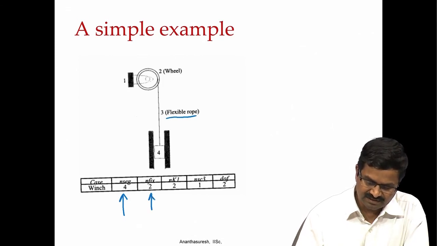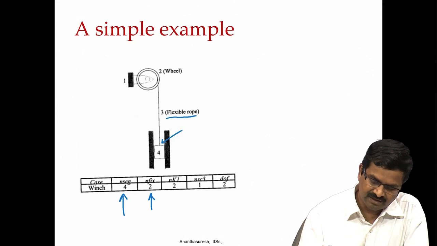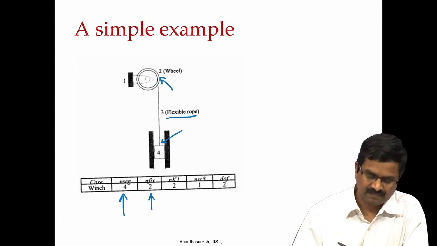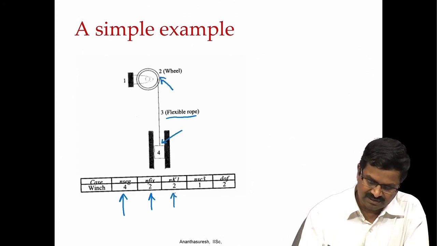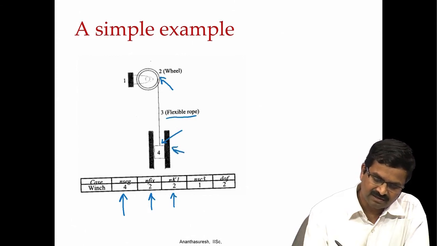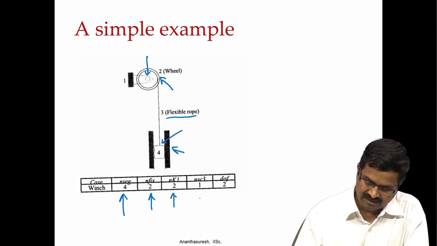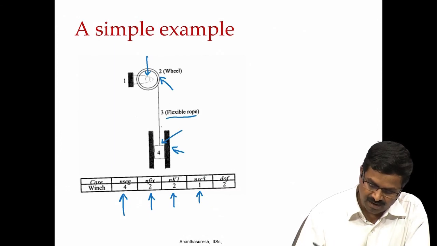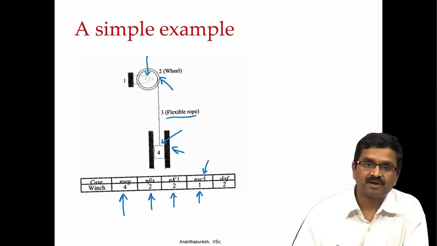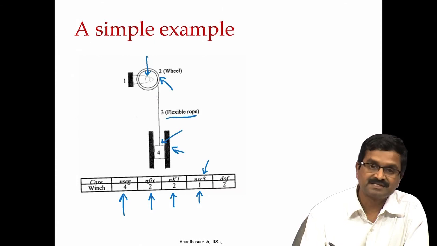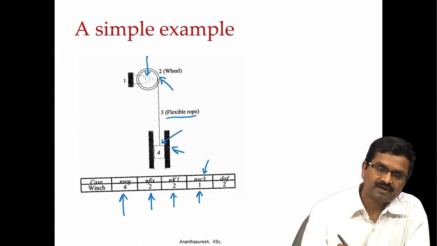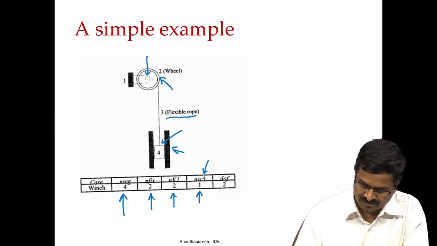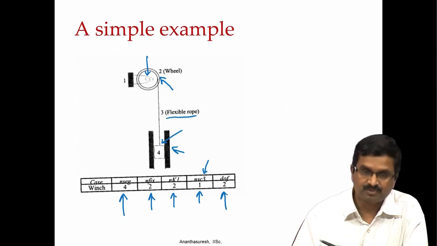Number of fixed connections, that is over here and over there, and NK2, there is a prismatic joint that is over here and there is a pin joint there, and then I have taken NSA 3 here as 1. The flexible rope has segment compliance of 3 because you should be able to extend here as well as go around the pulley. If you take that, you will get degrees of freedom 2.